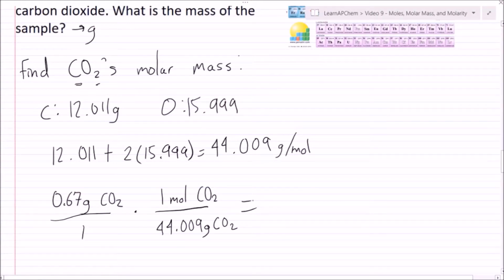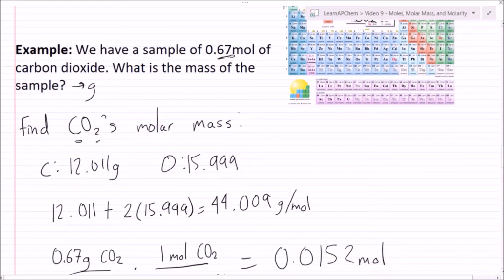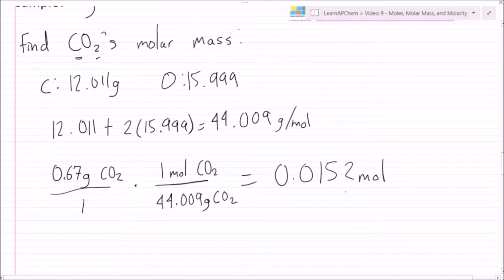So I can divide this out, and I will end up getting 0.0152 moles. Now, in our original problem we only have 2 sig figs, so I need to round this answer to 0.015 moles.